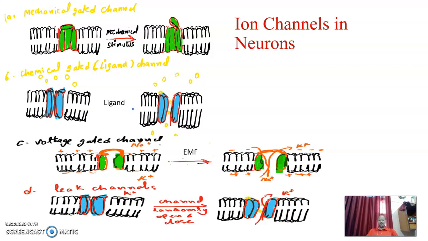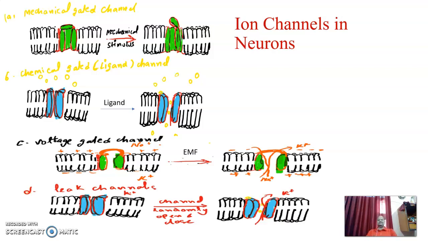Then the fourth one is the voltage gated channels, which open and close in response to a particular voltage change. For example, if there is excitability in the membrane, then there are two types of channels, the sodium channels and potassium channels. The sodium channels basically have three states.